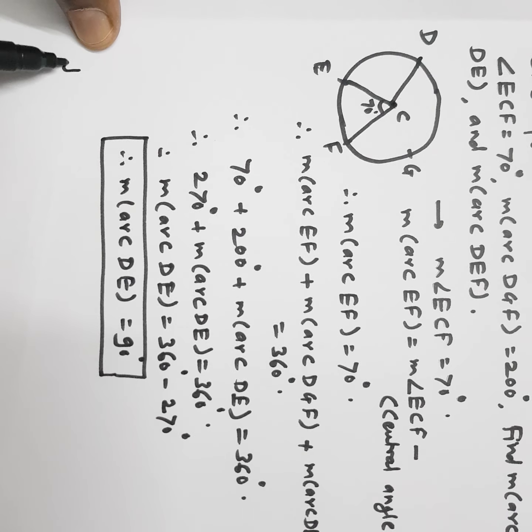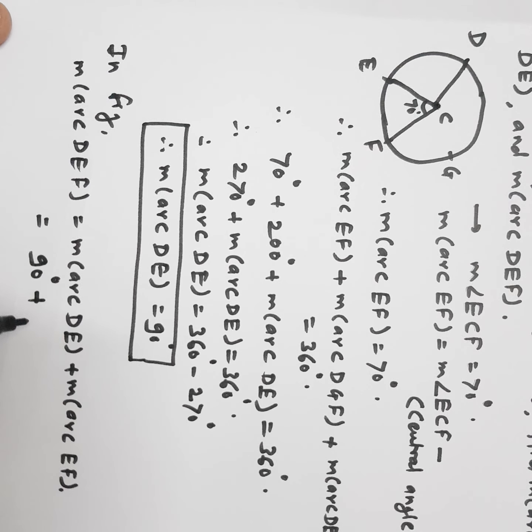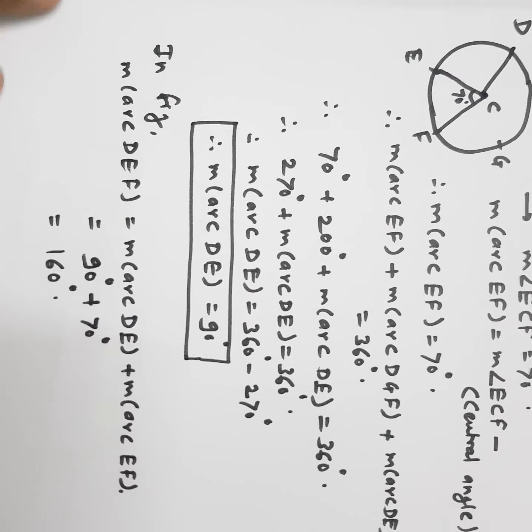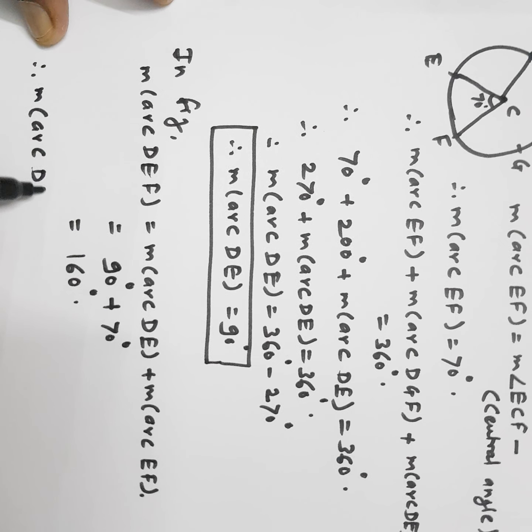We put the values: the measure of arc DE is 90 degrees and the measure of arc EF is given as 70 degrees. This summation, 90 plus 70, will be 160 degrees. Therefore, the measure of arc DEF is equal to 160 degrees.